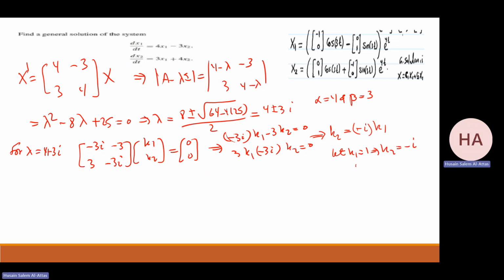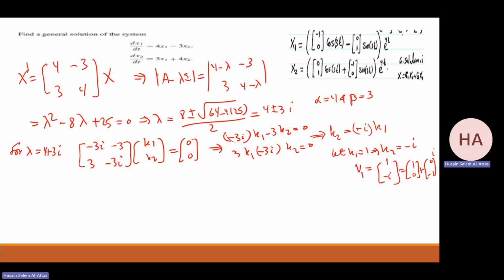So my V1 will be 1 and minus i. That is 1, 0 plus 0, minus 1 i. Maybe they have a different answer, but it's okay. I think they are the same. He's doing it the other way.